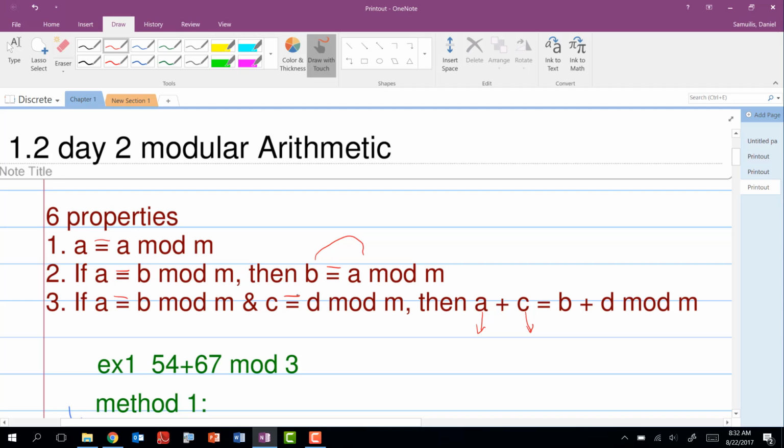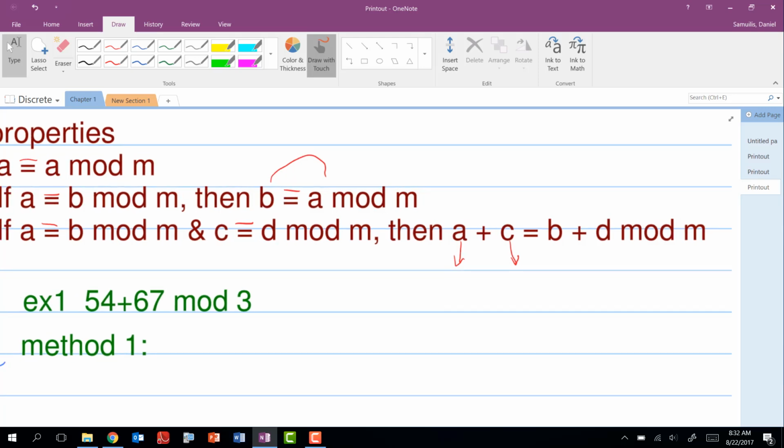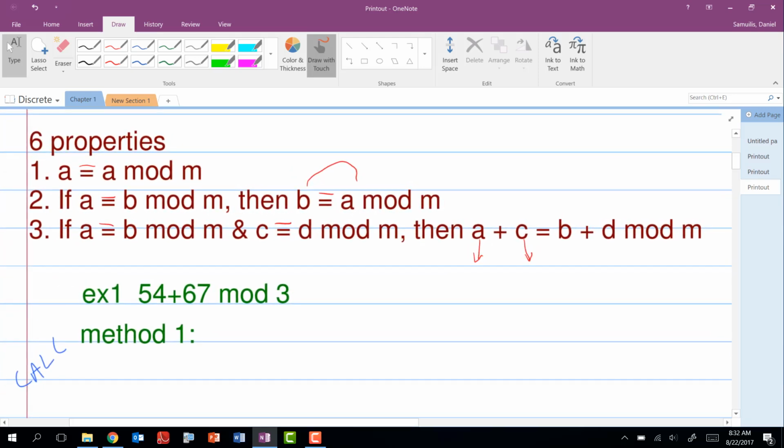And then all you have to do is exercise the property and analyze remainders and all that and go from there. So what I wanted you to understand, though, this last statement, 3: if A equals B mod M and C equals D mod M, then this is the case, which really means this.